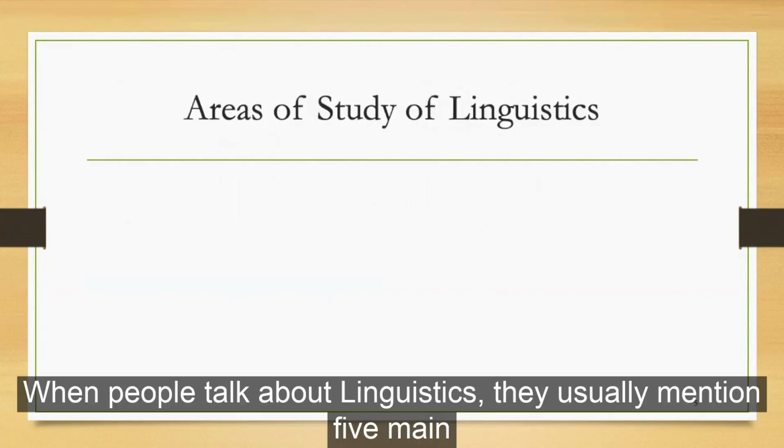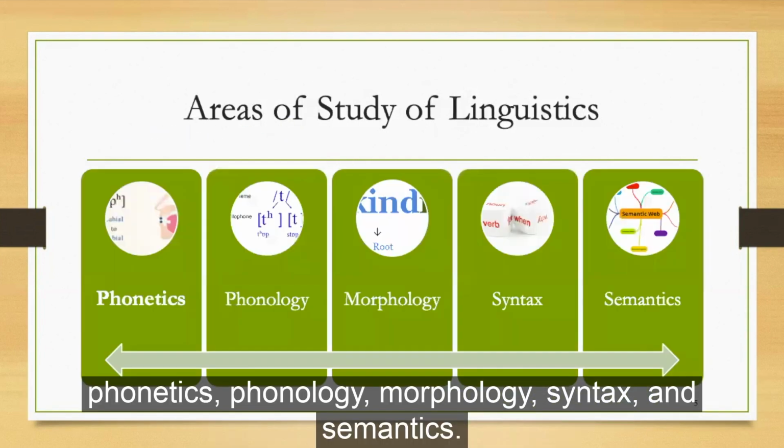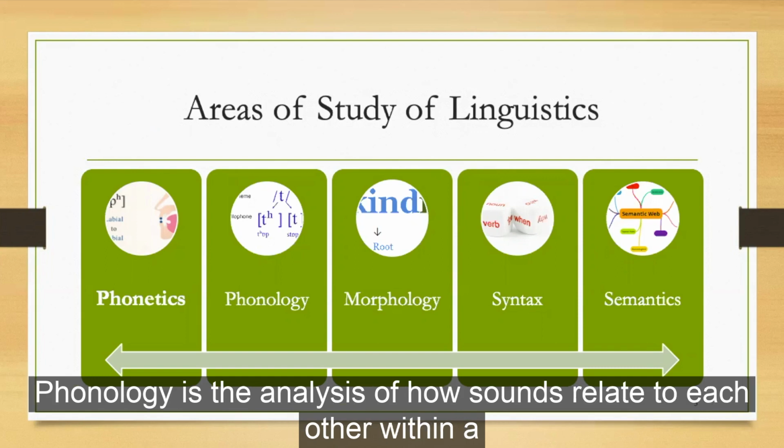When people talk about linguistics, they usually mention 5 main areas of linguistic science: phonetics, phonology, morphology, syntax, and semantics. Phonetics is the study of the sounds of language and their properties.